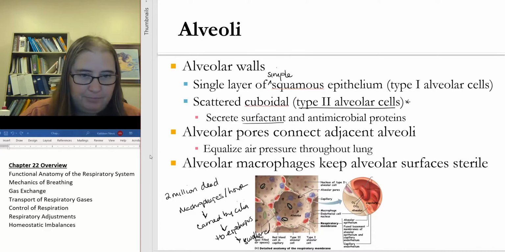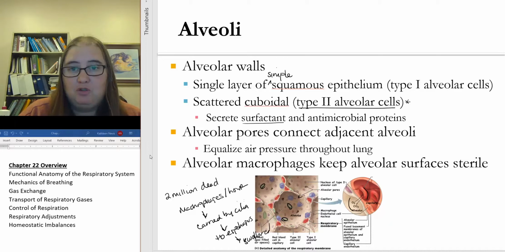Over here again, we can see the classic function of our simple squamous epithelium, in that it allows for very easy simple diffusion to occur. If this was a cuboidal population that made up our alveoli, it would be much harder to exchange these gases.